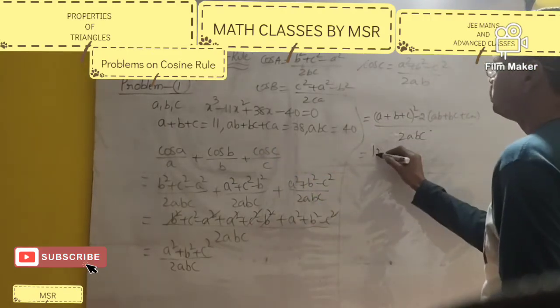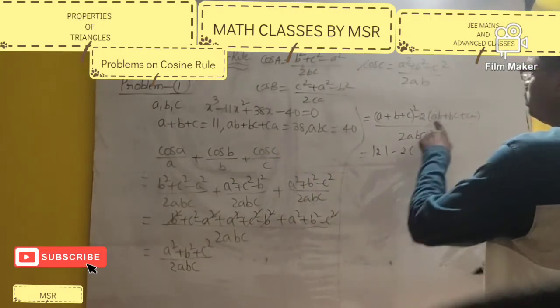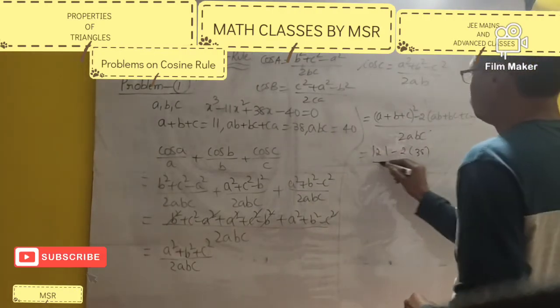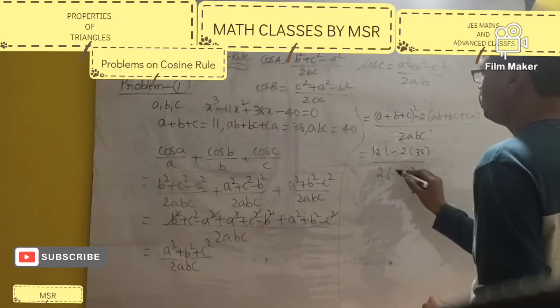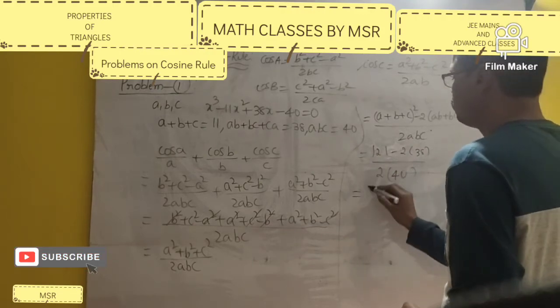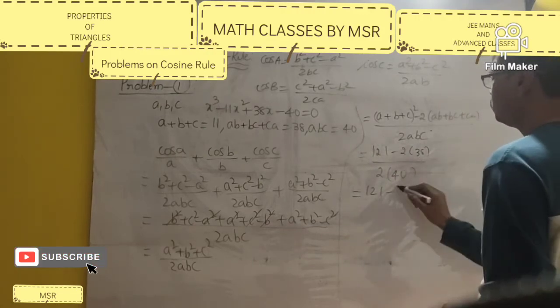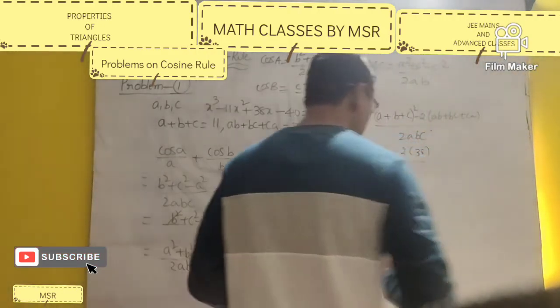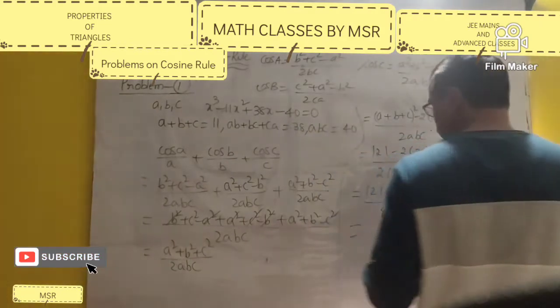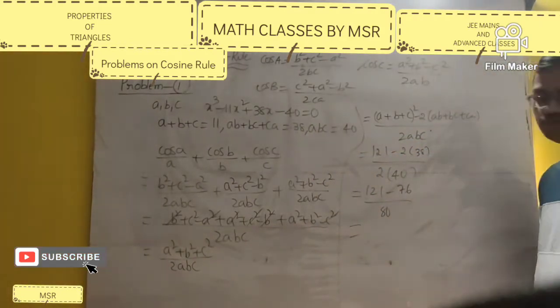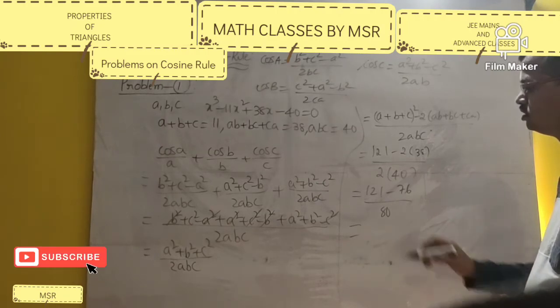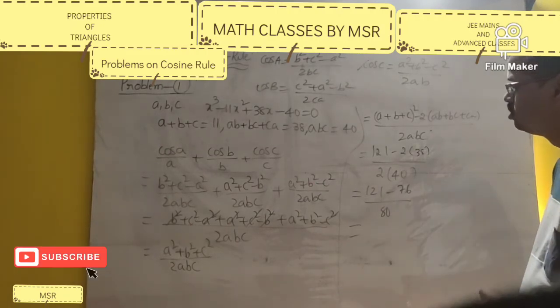Whole square is 121. 2 into ab plus bc plus ca, value how much? 38. 2 into 38 by 2 times abc, value 40. So 121 minus 2 into 38, 76, by 80. Okay, 121 minus 76 is how much it is?